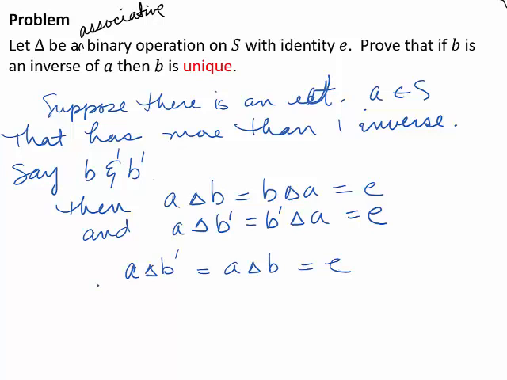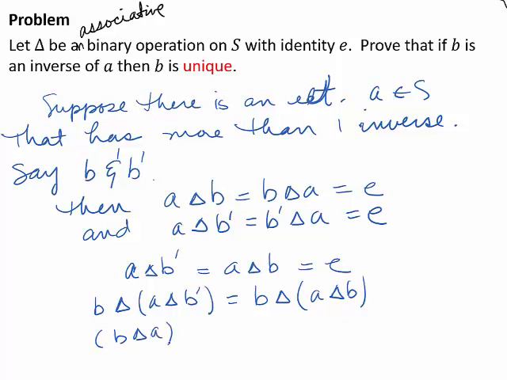Now I'm going to multiply on the right by B. I get B delta A delta B prime equals B delta A delta B. But now we said that this was an associative operation, so I can say that B delta A delta B prime is equal to B delta A delta B. There's other ways you could do this.